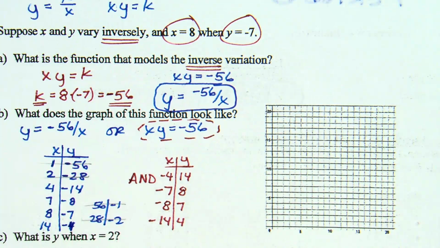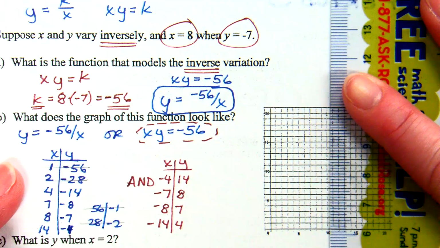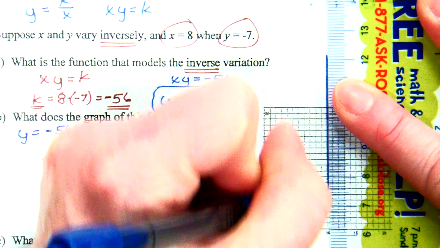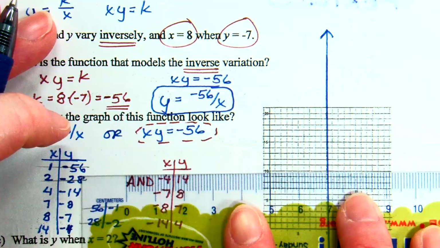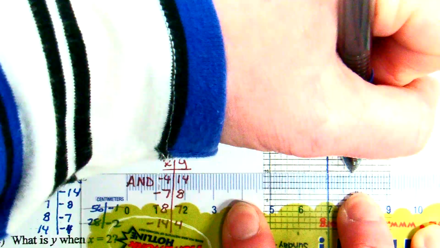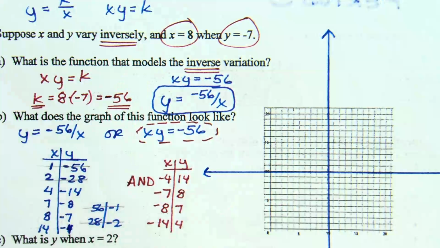You can graph it how you want, but I'm going to go to these 10 lines and draw a new set of XY axes, because are all my points in that first quadrant? It is not. So I'm going to do that.